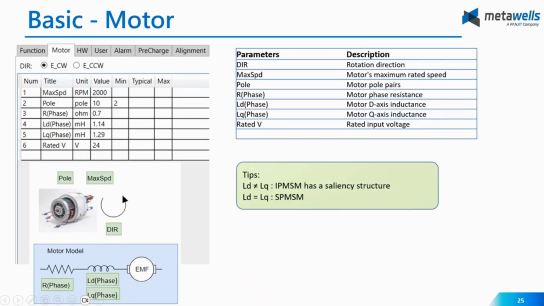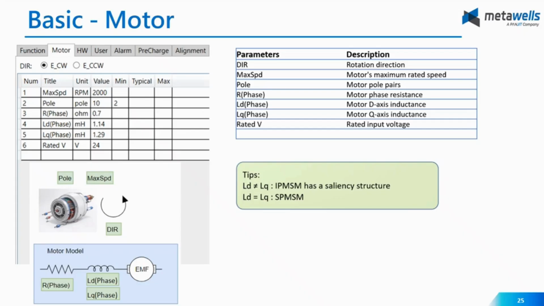Okay, next page. This page is the motor section within the basic setting. Here you need to input some fundamental motor parameters. Because this motor system is a sensorless FOC system, we need to input some motor parameters like in this diagram. This is the motor, so we have to input motor pole pairs, and this motor's maximum speed and the duration is also very important. And in this blue box is the motor model.